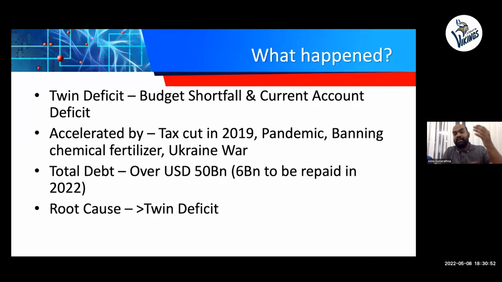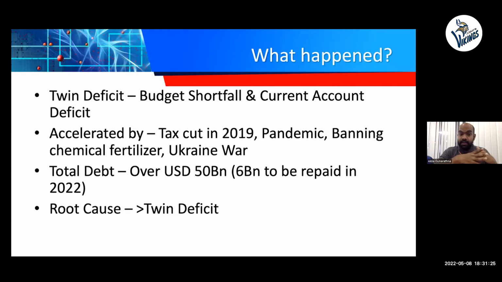That got accelerated during the past couple of years due to the tax cuts, pandemic, chemical fertilizer issue, Ukraine war, all that got together, and even the electricity problem. This is not the best time for renewable energy. Everything got together, and finally the bomb blasted, and it led to a huge impact.